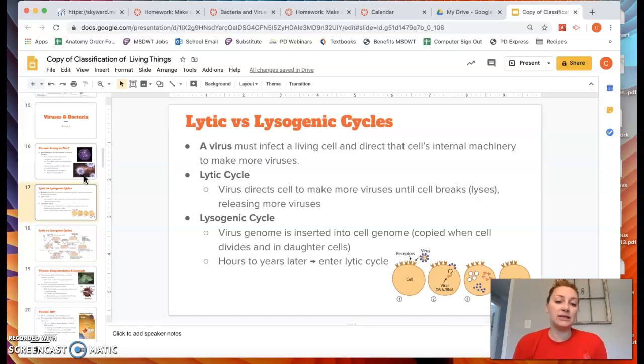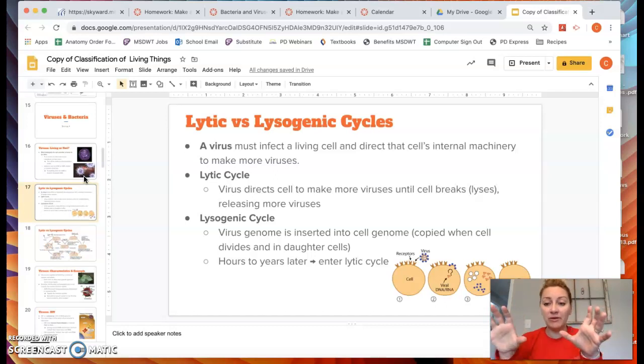The lysogenic cycle takes this a step further. In its infection into the cell, it actually makes its DNA part of the cell's DNA, so that every time a cell copies itself, it'll have the DNA from the virus. And so then every cell afterward, because think about that, when we start off with our one cell that has the DNA, when it splits, now there's two cells that make the viral DNA plus the cell itself.